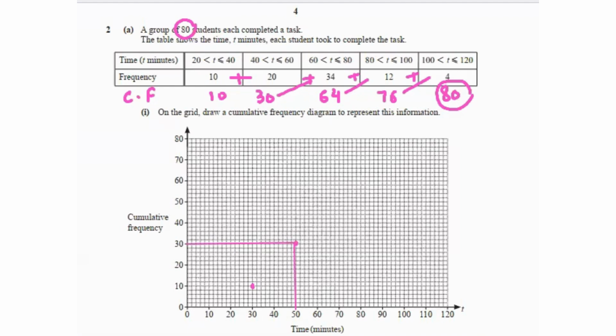Then for 60 to 80, that's going to be 70 over here. And 30 and 64. This is your 64. And then 90 and 76.